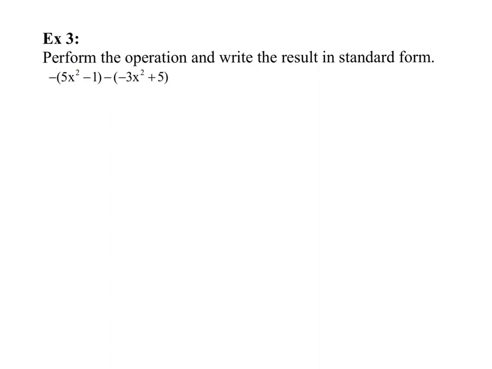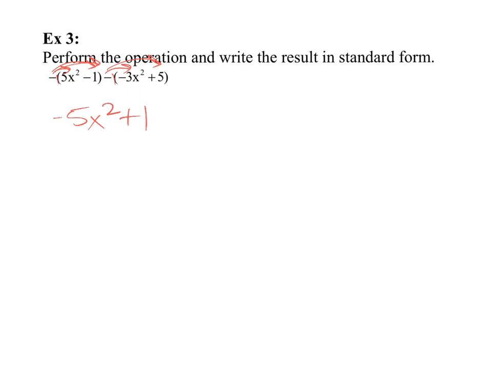Perform the operation and write the result in standard form. Okay, there's a negative 1 here that we have to distribute to each part of this binomial. So we have negative 5x squared plus 1. Don't forget plus 1. Some students forget to distribute and they write minus 1. Once again, we have to distribute the negative here. Be careful with the negatives. 50% of the time, I'd say that's what messes up a student.